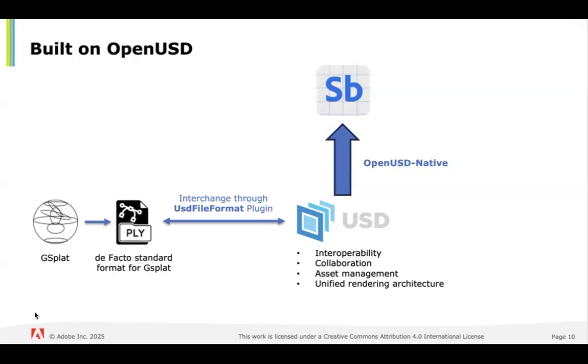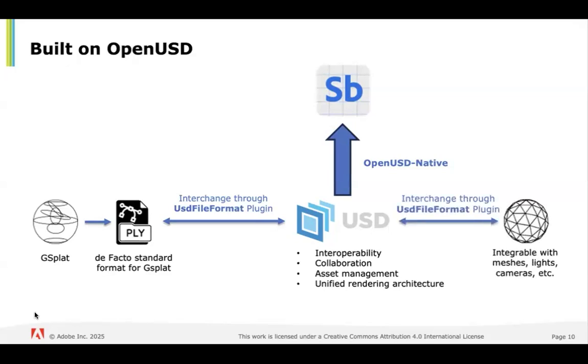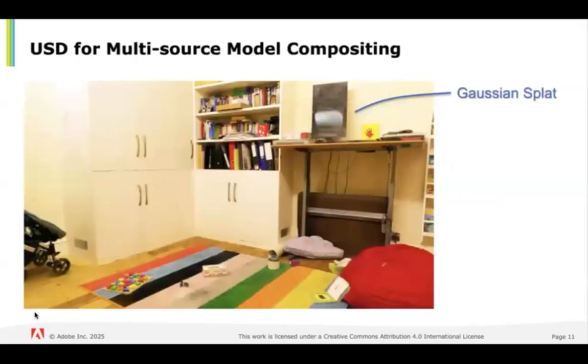And using USD, making a Gaussian splat integrable with other commonly used formats in 3D production is simple. Like we can combine this with meshes, lights, or cameras stored or produced from different sources from traditional 3D software. So everything can be integrated easily with OpenUSD.